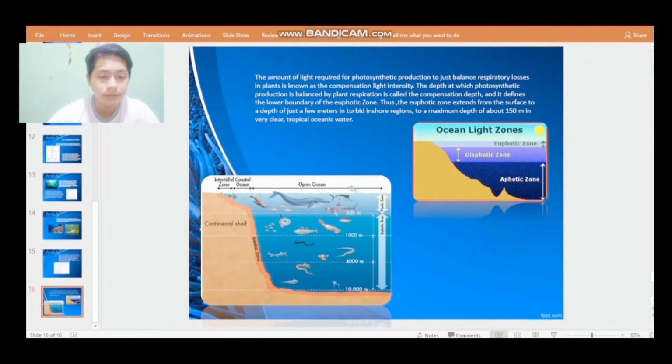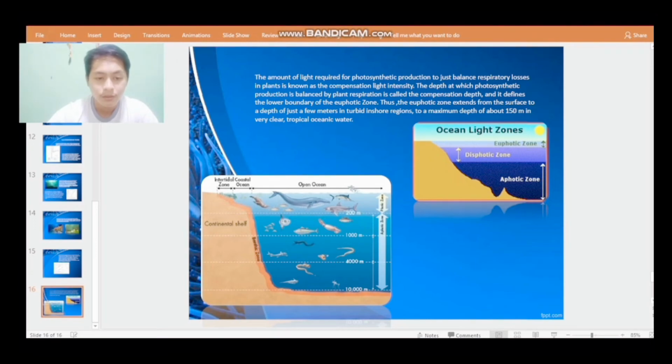The amount of light required for photosynthetic production to just balance respiration losses in plants is known as the compensation light intensity. The depth at which photosynthetic production is balanced by plant respiration is called the compensation depth, and it defines the lower boundary of the euphotic zone.